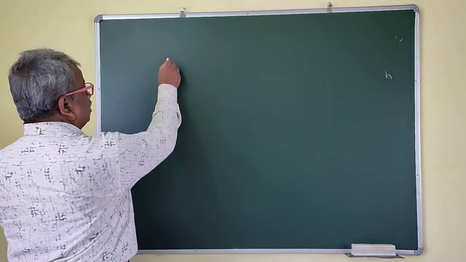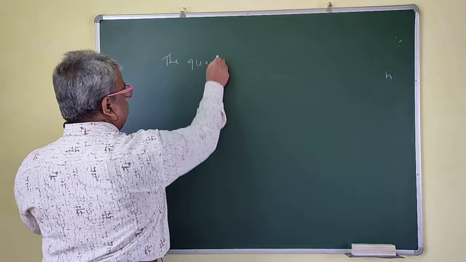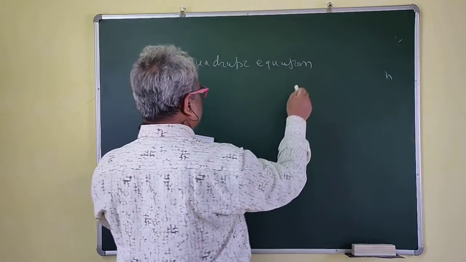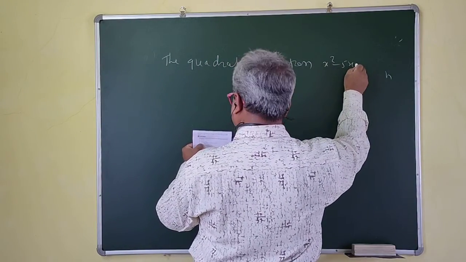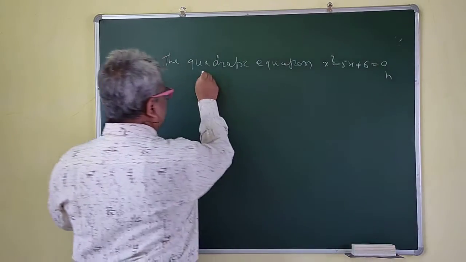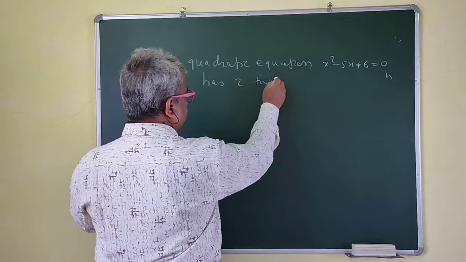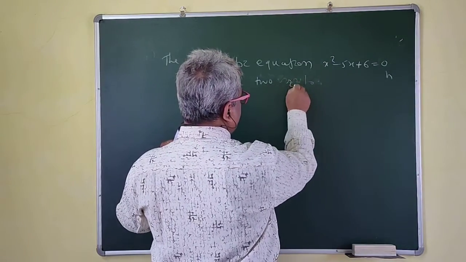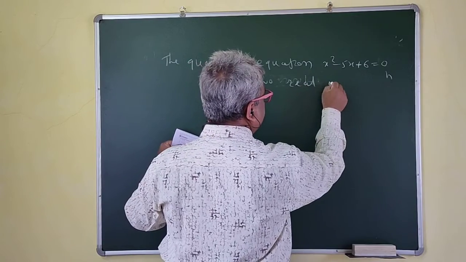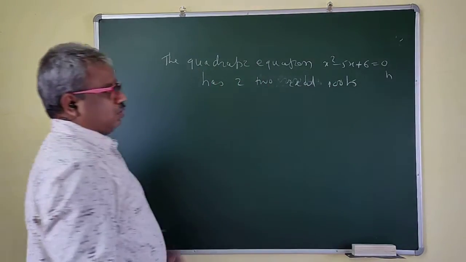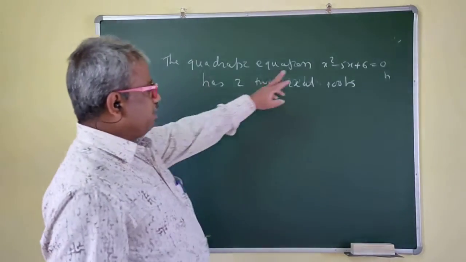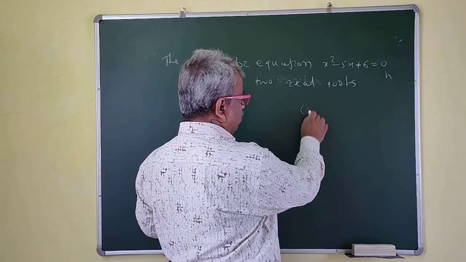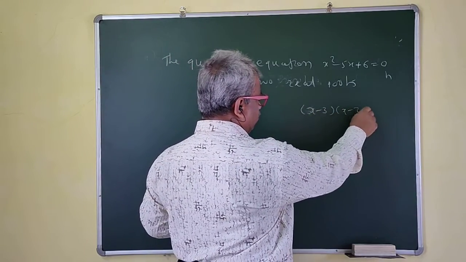The quadratic equation x square minus 5x plus 6 is equal to 0 has two real roots. So this is the quadratic equation. Now you know how to factorize this: x minus 3, x minus 2 is equal to 0.